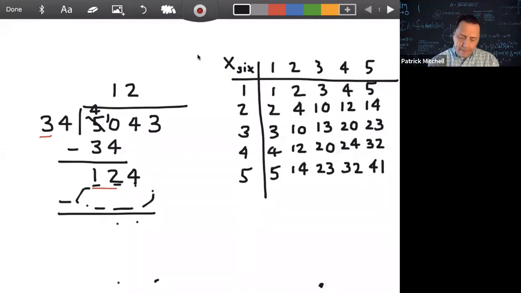Okay, so let's try it. 2 times 4 in base 6. Remember, that's 2 cans times 4 is 8 cans, which is a 6-pack and 2 leftover cans. So here's the 2 leftover cans, carry the 6-pack. And then 2 times 3 is 1, 0. Plus 1 is 1, 1.